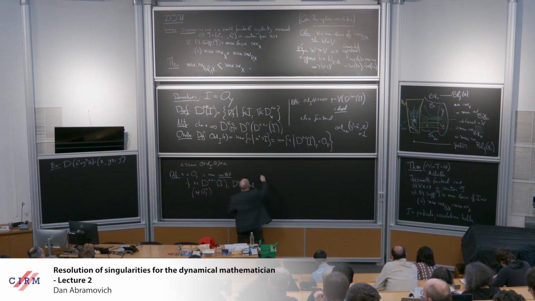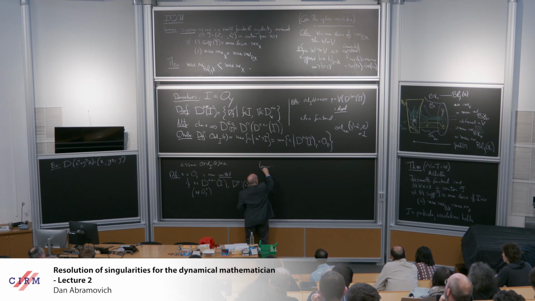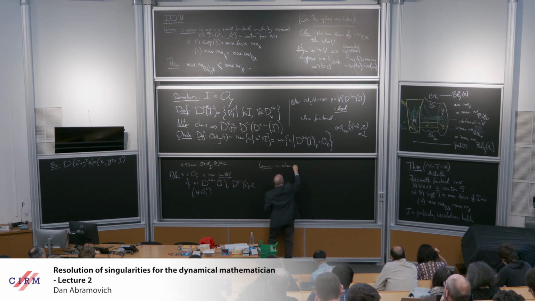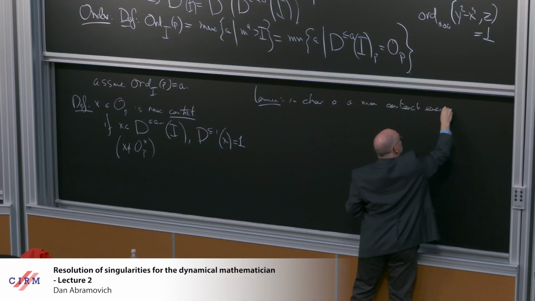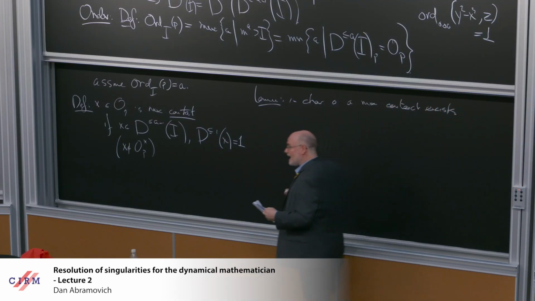Here's a lemma. In characteristic 0, a maximal contact exists. And why is that?